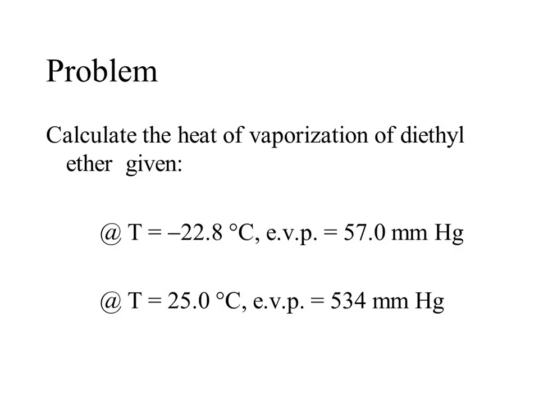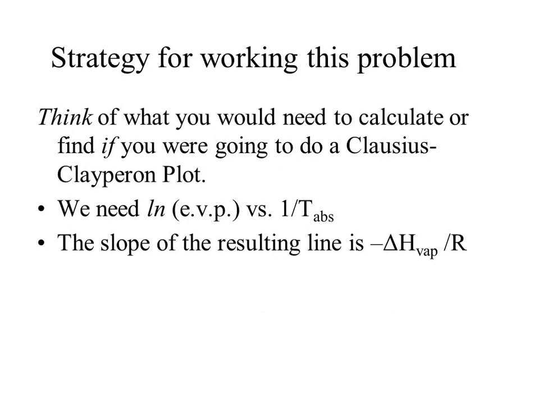Okay, 2 runs. And my advice to you would be to still think of this as plotting those 2 points and how do you go about getting the slope of the line. The question at hand is to come up with the heat of vaporization based on those 2 points. And you only need 2 points to define a line.